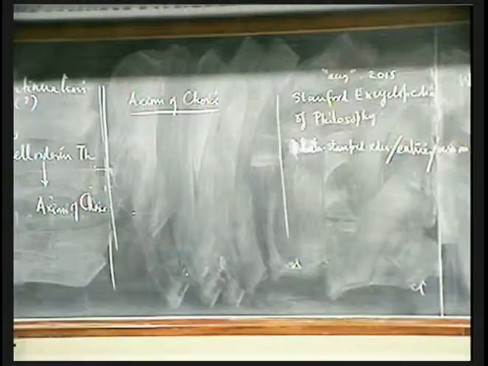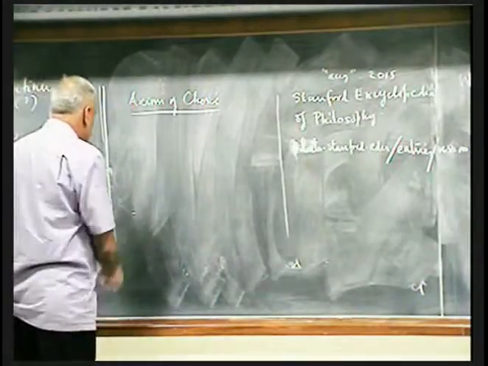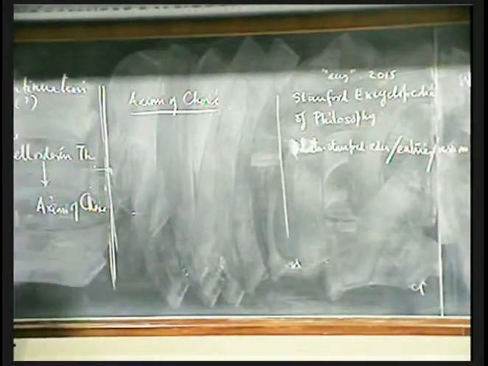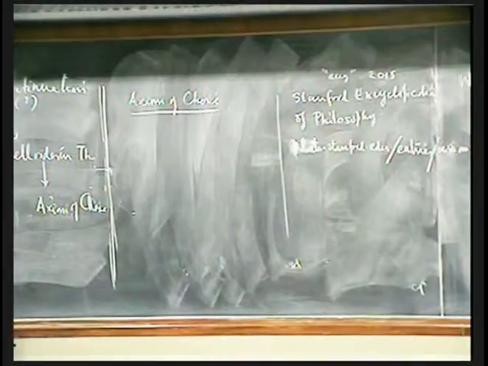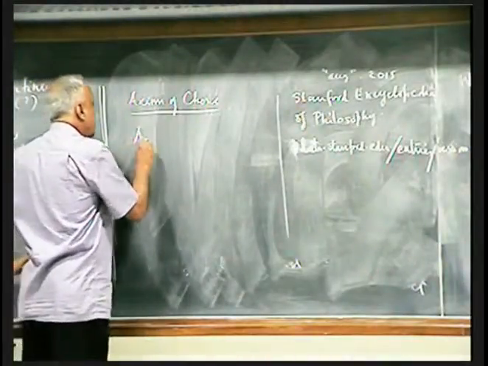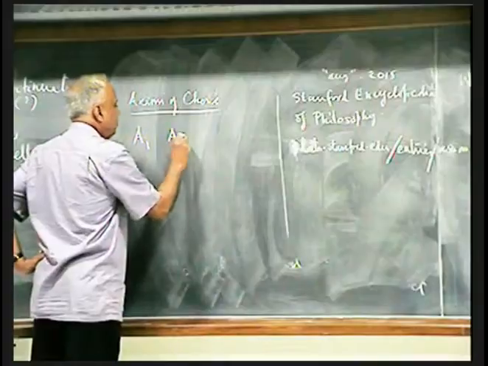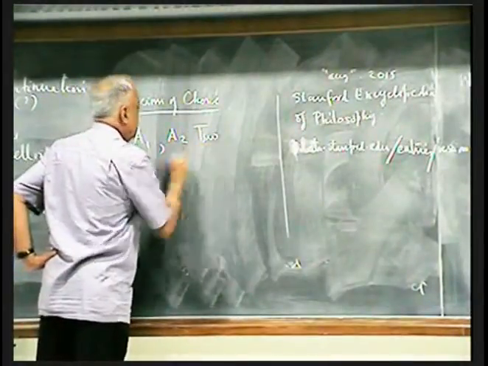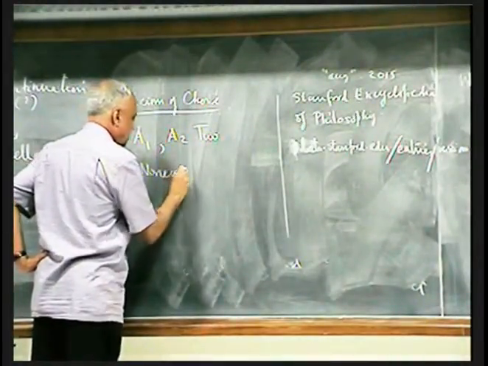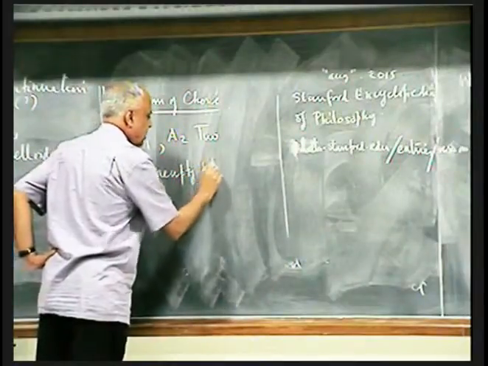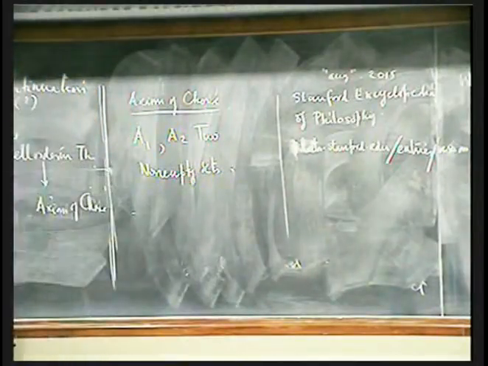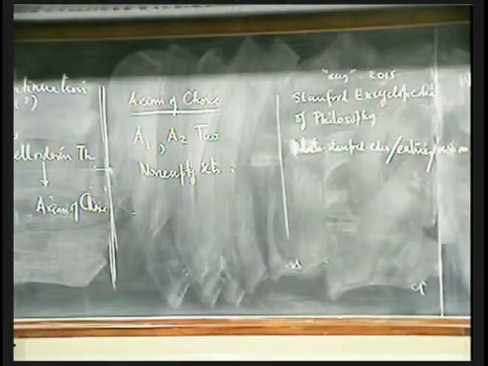Okay. All right. Just to introduce what the axiom of choice is, and the terminologies, I will begin with the following. Suppose I have two non-empty sets, A1 and A2. Let's say A1 is the set of people in Karnataka and A2 is the set of people in Tamil Nadu.